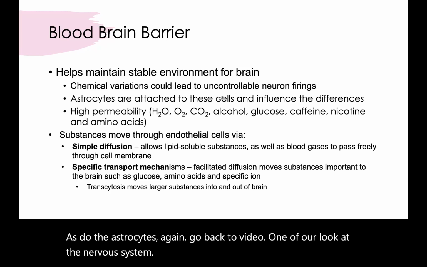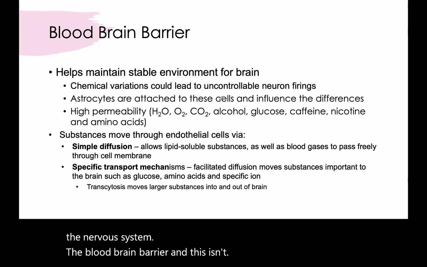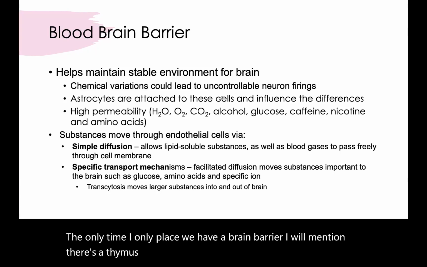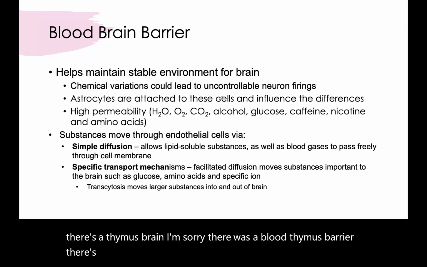The blood-brain barrier, and this isn't the only place we have a barrier. I will mention there's a blood thymus barrier, there's a blood uterine barrier, there's a blood testis barrier, and we have a blood-brain barrier.